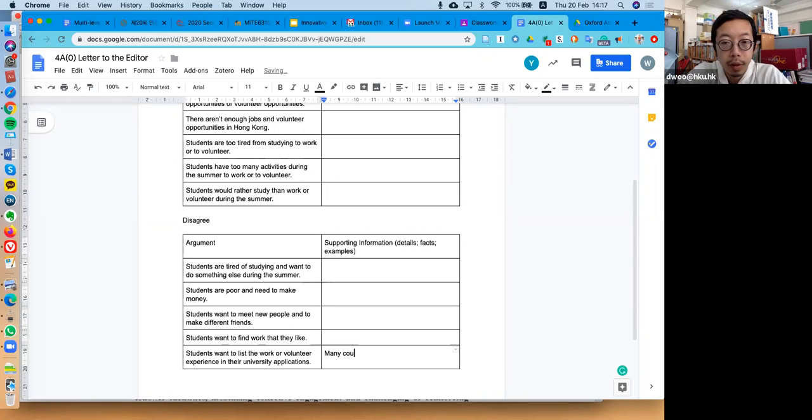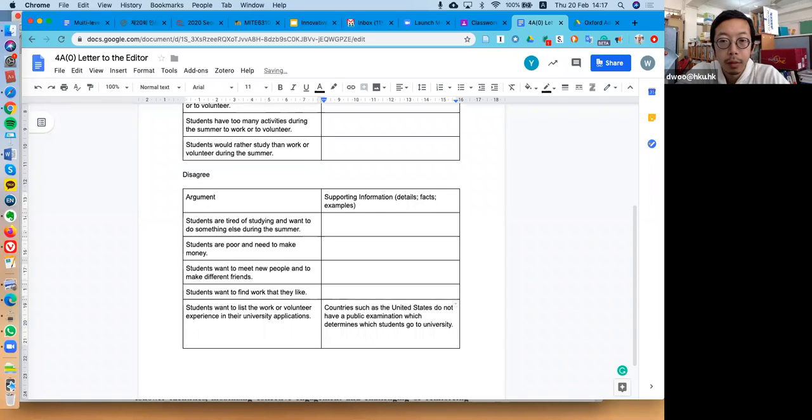Many countries, countries such as the United States do not have a public examination which determines which students go to university. That's a fact. Each university chooses its students.